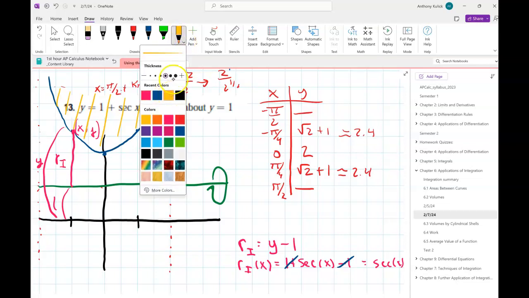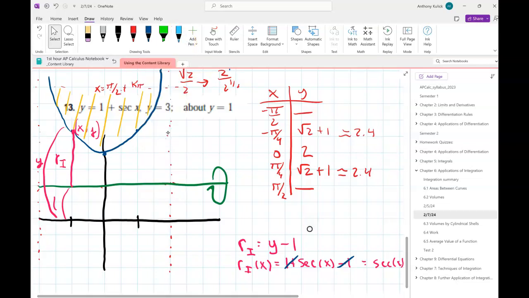Yeah. All right. Here's the lovely part. If I look at the R outer, that's that distance, right? Regardless of the x that I pick, R outer is constant, isn't it? It's always that distance from the line y equals 1 to the line y equals 3. Guess what R outer is then?